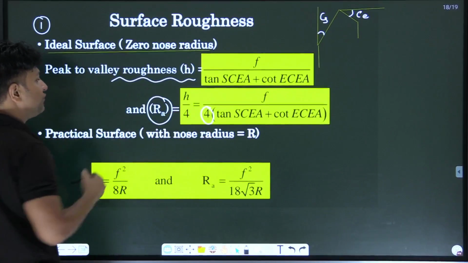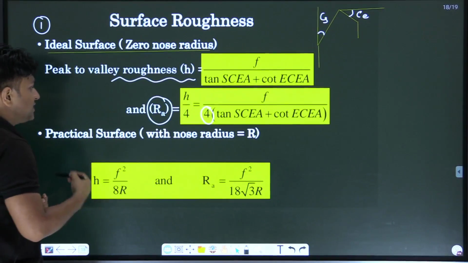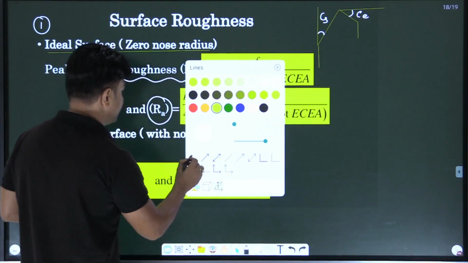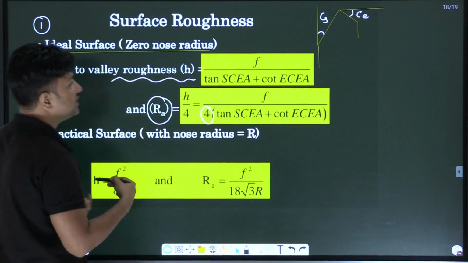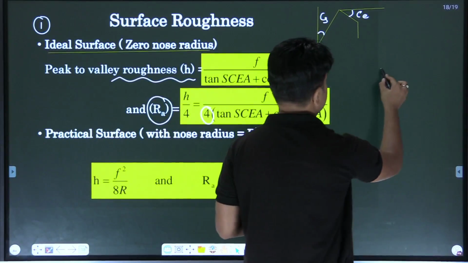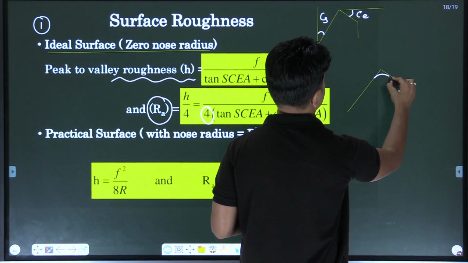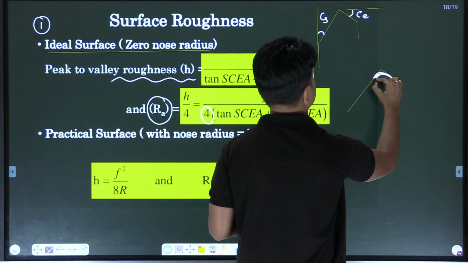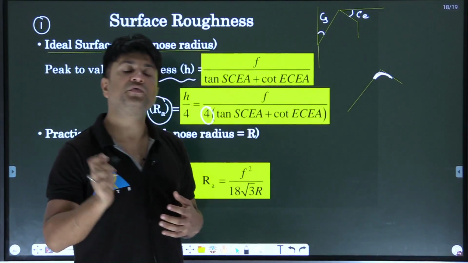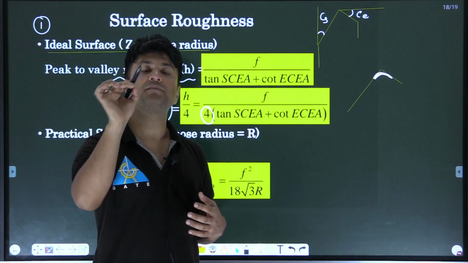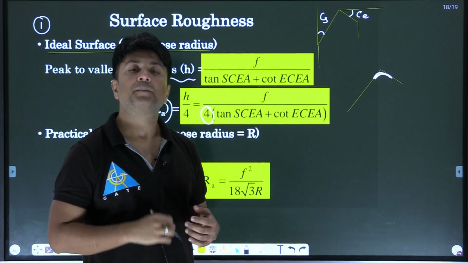In a practical case, there is always a curvature on the tip of the tool. Why? Because due to wear, the tip becomes rounded.